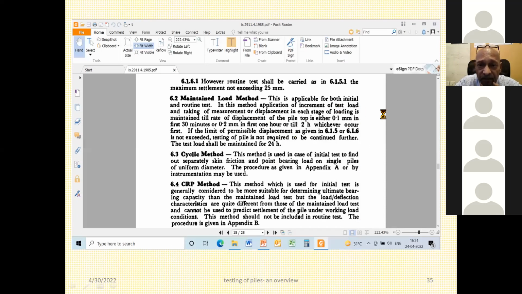Maintained load method is applicable for both initial and routine tests.